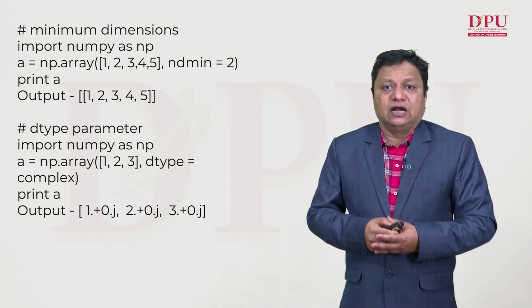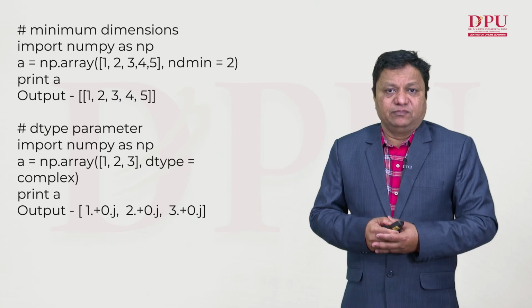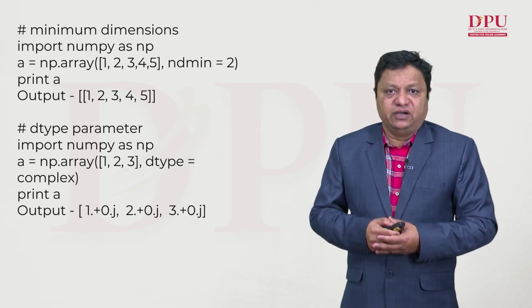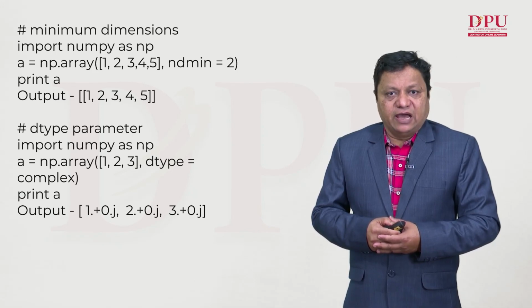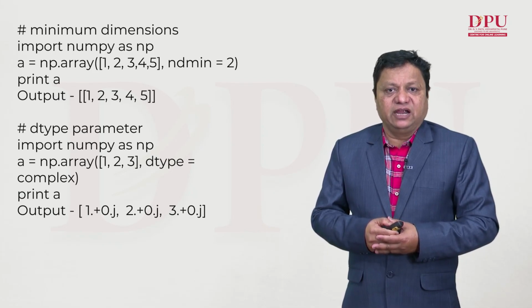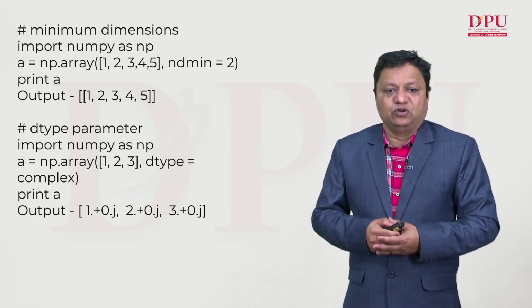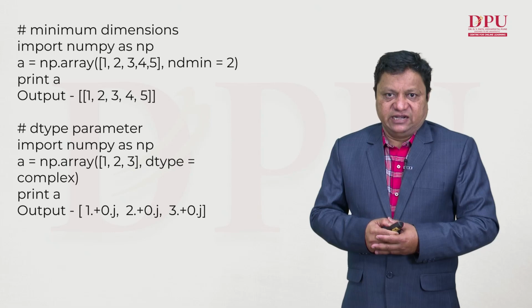So here I have provided the data type by specifying complex, and if I try to print the value of this array, then what will I get? I will get an array of complex numbers that you can see here in the output on the slide.